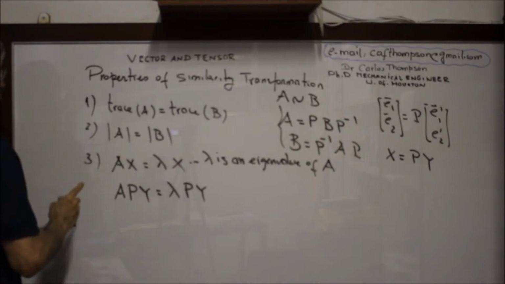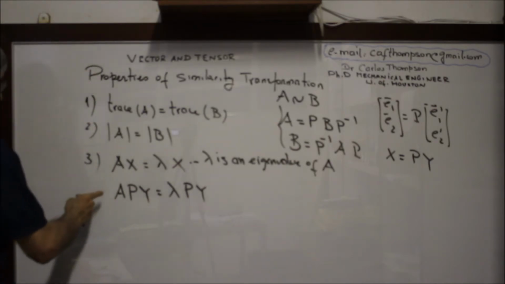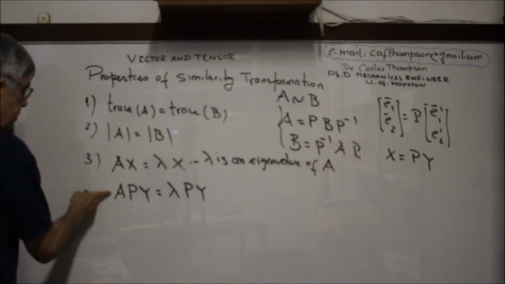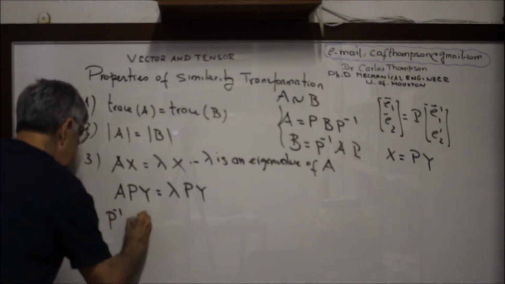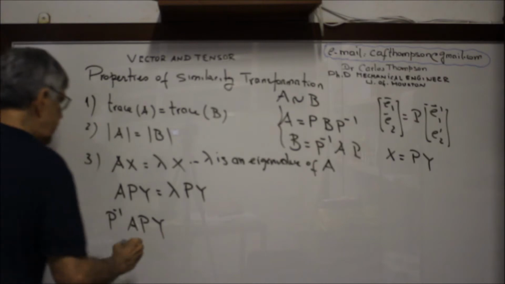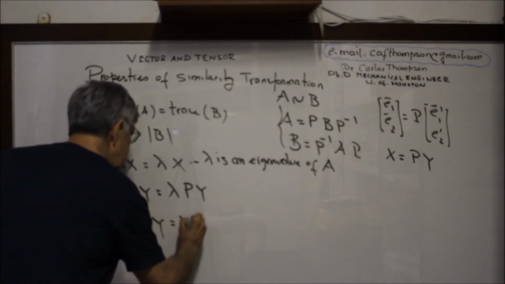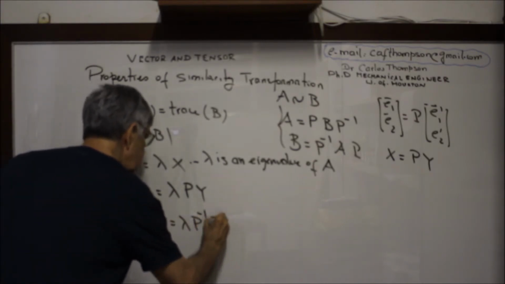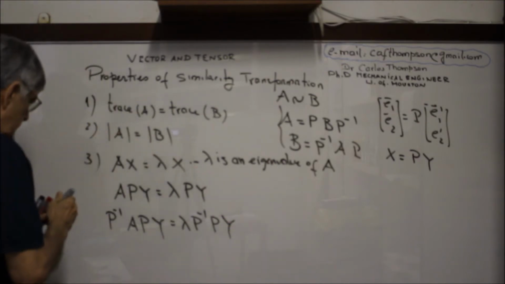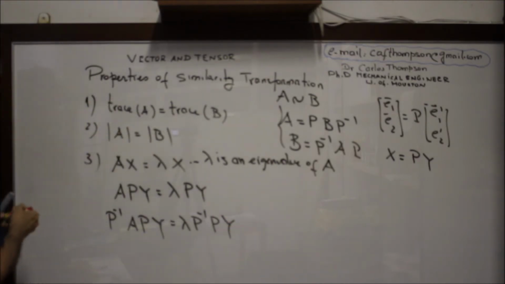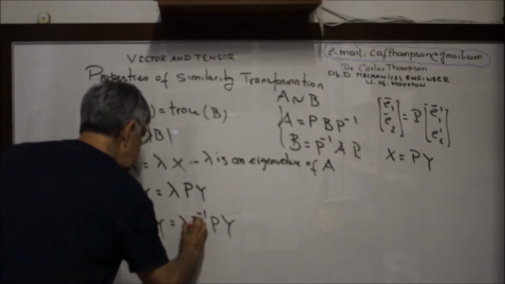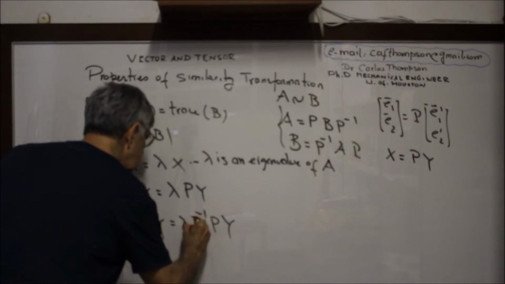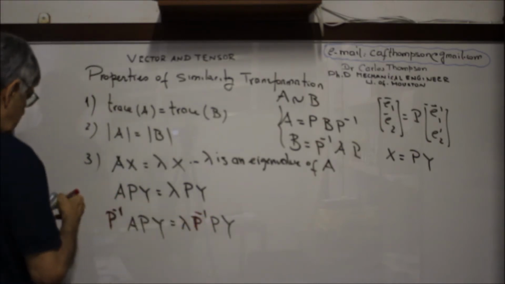See? Now, attention to what I will do. I multiply by P minus 1. So, P minus 1 A P y is equal to lambda P minus 1 P y. You see? I just multiply both sides by P minus 1. Lambda is a constant.